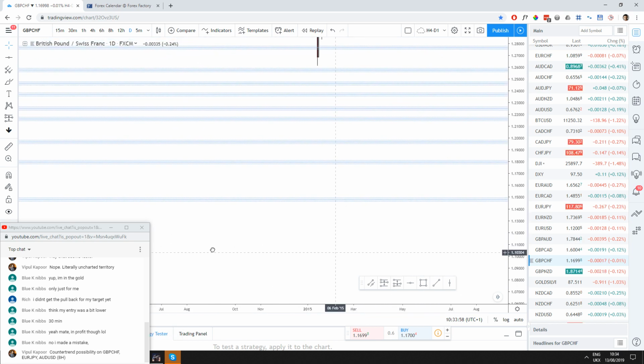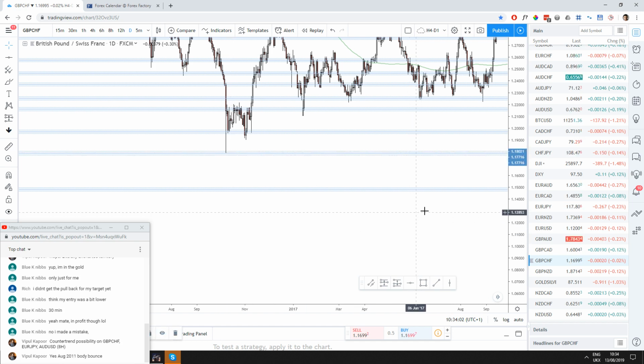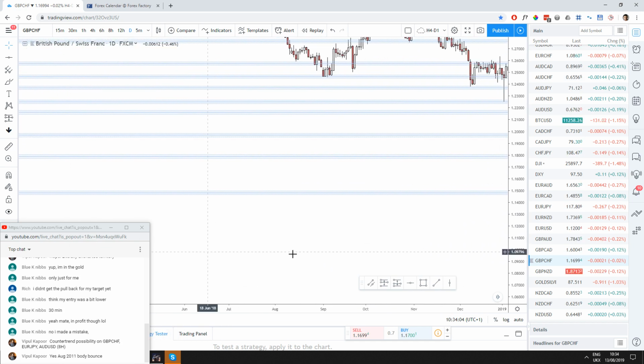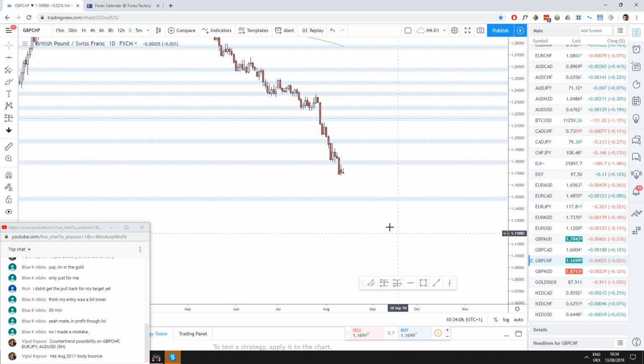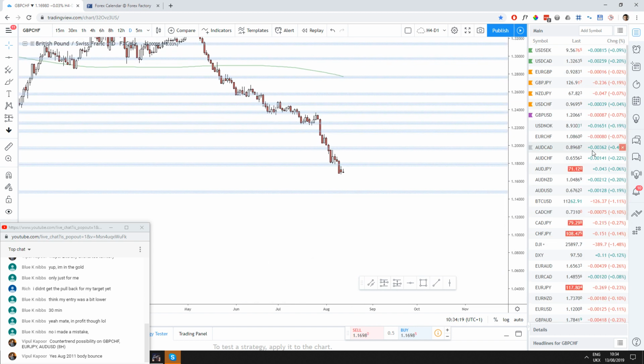I'm going to keep mine at the latest bounce that we have, even though the bounce was a bit of an anomaly. I'm going to keep it here. I don't want to go back to August 2011 to try and find support resistance areas from one big bounce. So I'm not doing anything with GBPCHF.